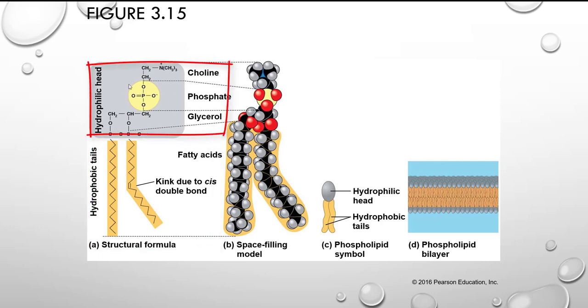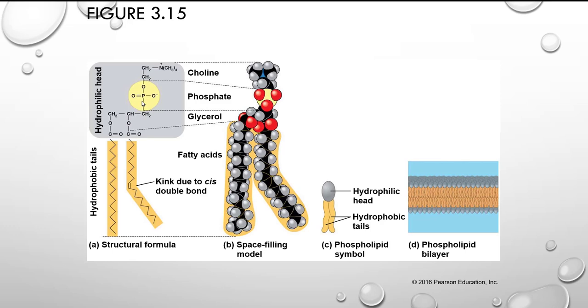If you recall, that phosphate group was one of our functional groups, and that functional group is hydrophilic. So we actually have a hydrophilic component to our phospholipid. This makes a kind of unique situation here.